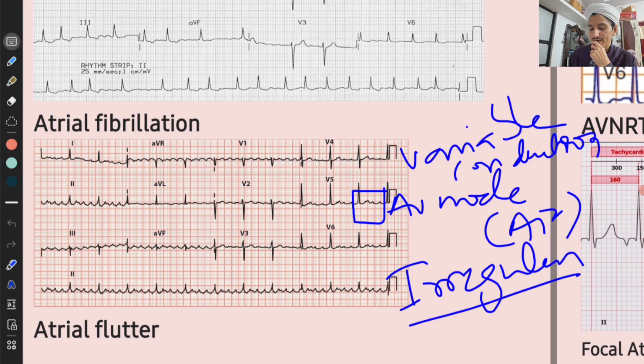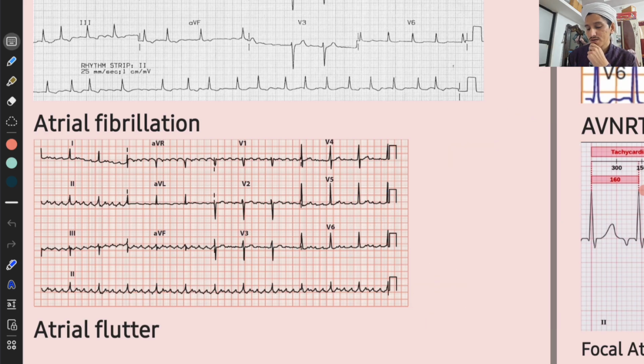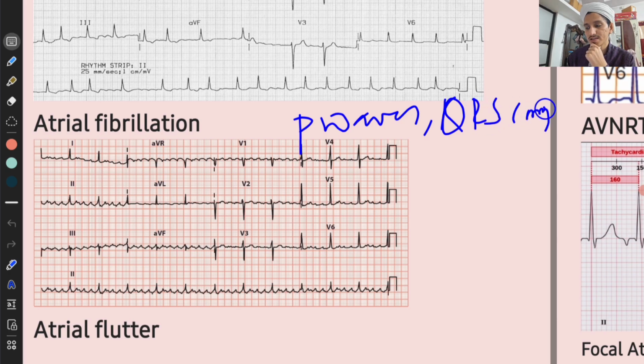So remember one thing here: when there are P waves and QRS complexes also in some tachyarrhythmia, then two things can be there. Either it can be due to AV dissociation.